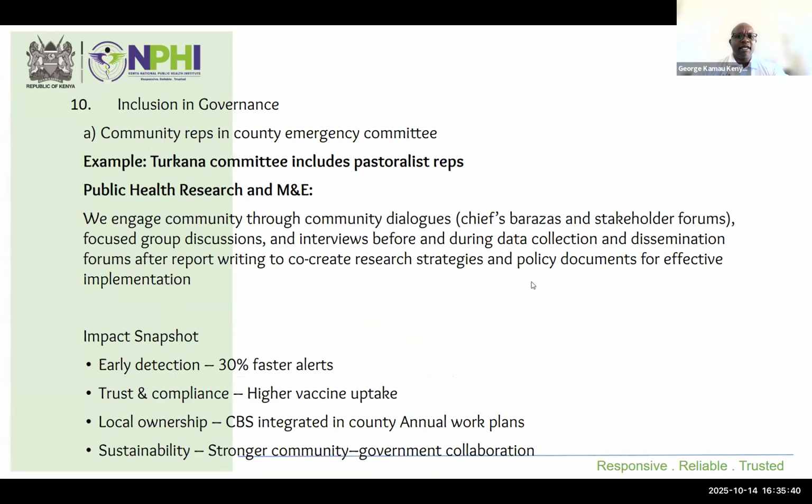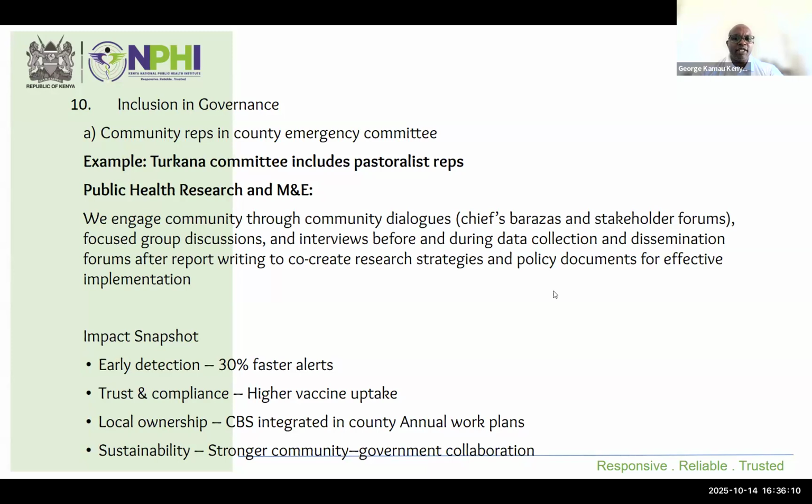On inclusion and governance, we have community representatives, especially in Turkana, which is a far-flung county where conditions are quite extreme. The weather is extreme, and we have pastoralist communities. In this county, we have pastoralist representatives in the county emergency committees because they're able to pass the message to their counterparts in the community when there is movement and engagement.